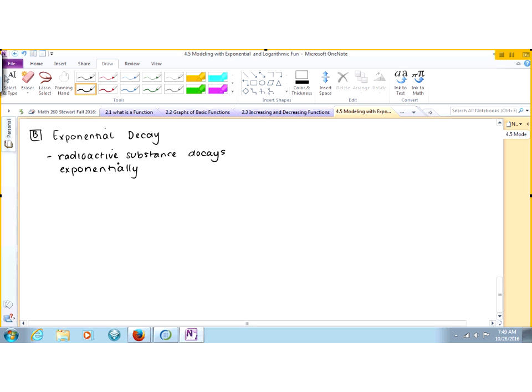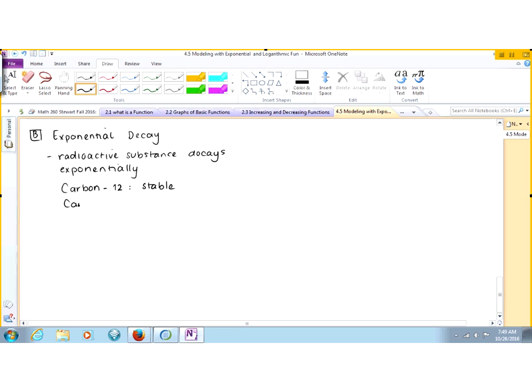What is considered a radioactive substance? Well, substances that are not stable. You know, we have carbon-12, right? Maybe I should write carbon-12. So carbon-12 is stable, so it doesn't decay exponentially.